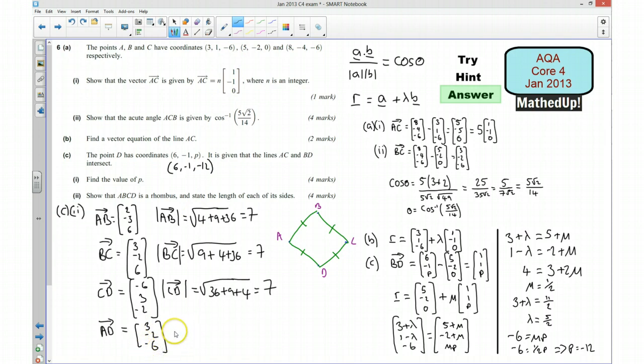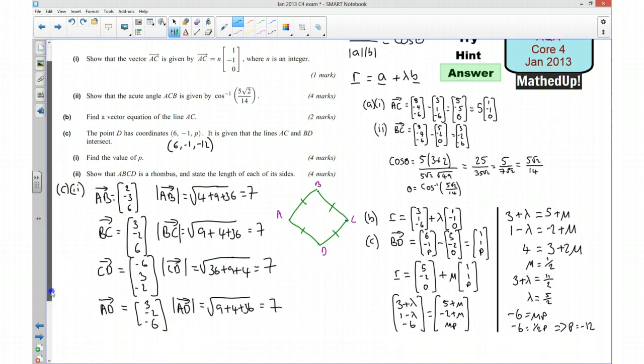The magnitude of that is the square root of 9 plus 4 plus 36, which again is equal to 7. So what we've shown is that the length of each side is 7, so as the lengths of each side are the same, this must be a rhombus.